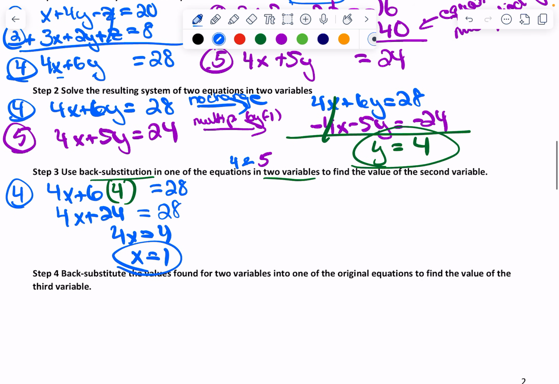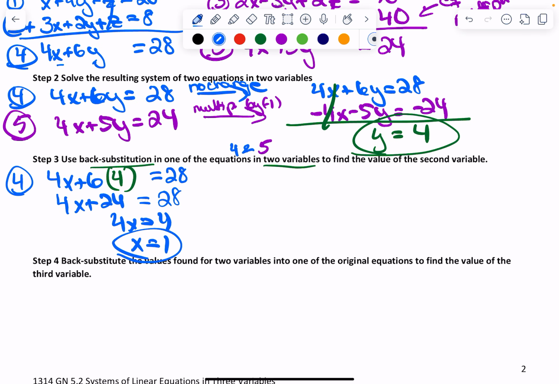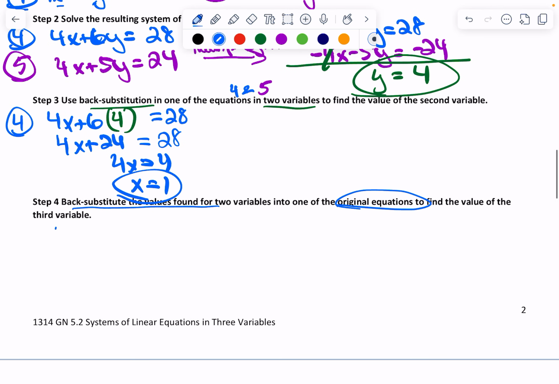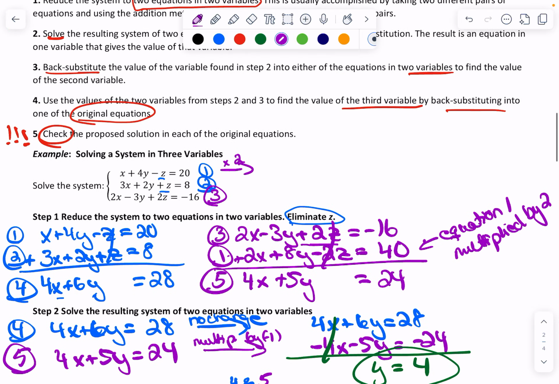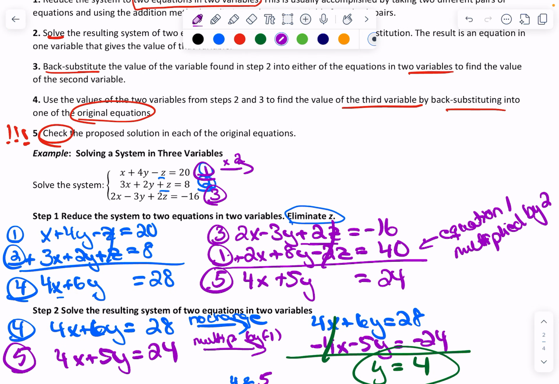Next step is that we're going to back substitute the values found for two variables into one of the original equations. So we have x equals 1 and y equals 4. We're going to take one of the original equations here, and it really doesn't matter which one we do. I'm just going to pick the first one.